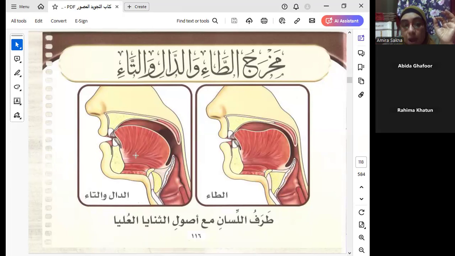Why do you pronounce the ta with the sin or the ha? Because you forward the articulation point. Yes, the tip of the tongue, but you put it here. If you make the tip of the tongue meet the inner part of the upper central incisor, that's why you pronounce it with the sin or the ha at the end.